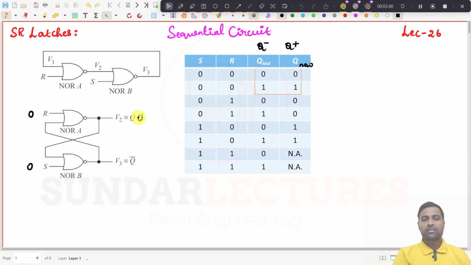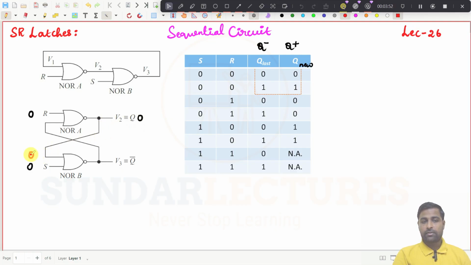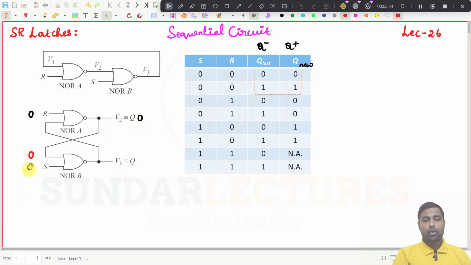Let us assume this is the present state output, 0, and I have given the inputs as 0. So this 0 will go here, 0 0. If any input of an OR gate is 0 and both are 0, the NOR output becomes 1, since it is the opposite of an OR gate.